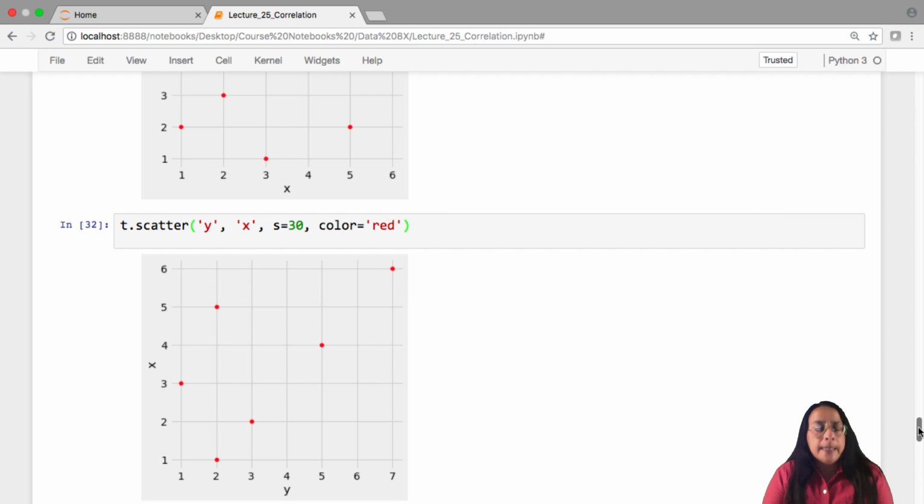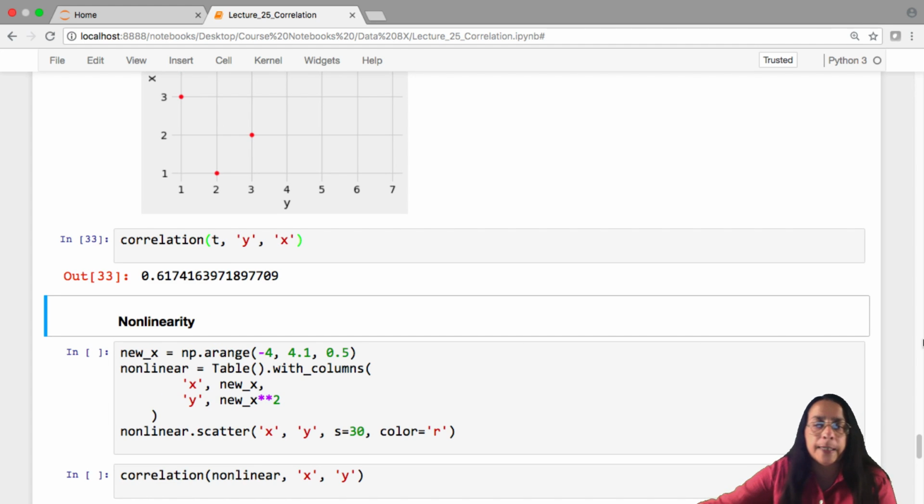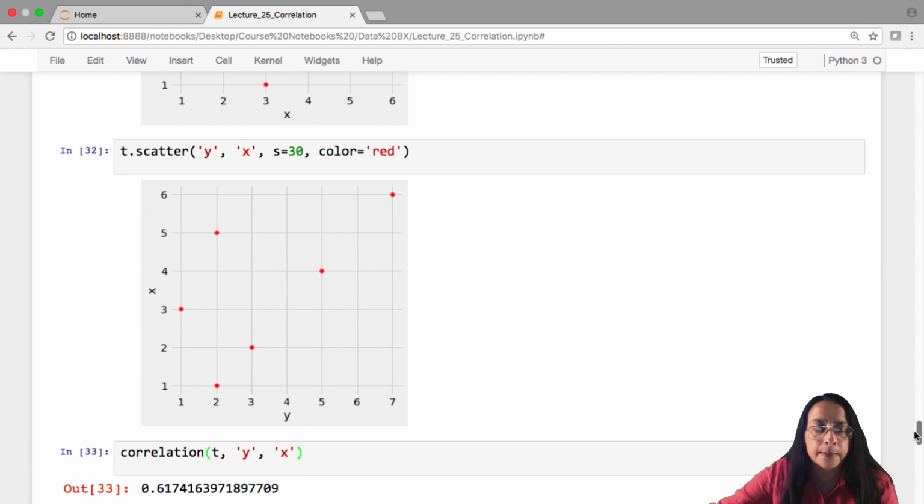And indeed, you have the same correlation because you have not changed the degree of clustering at all by that flip. And that is why when you run correlation T-YX, you get exactly the same as what you got when you did T-XY.